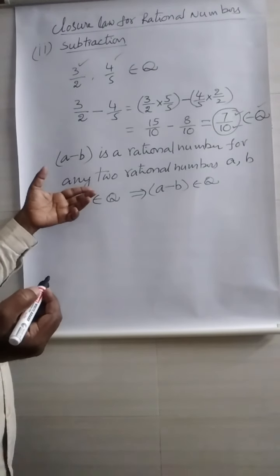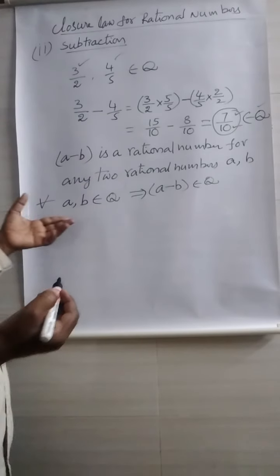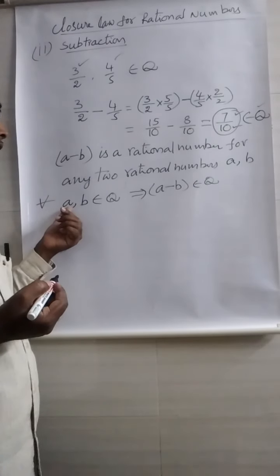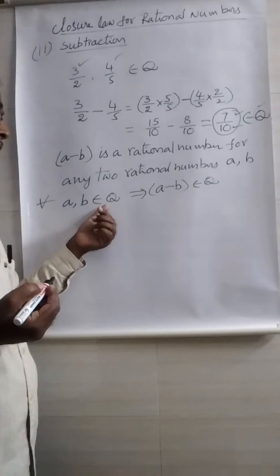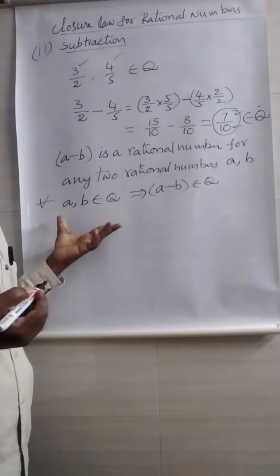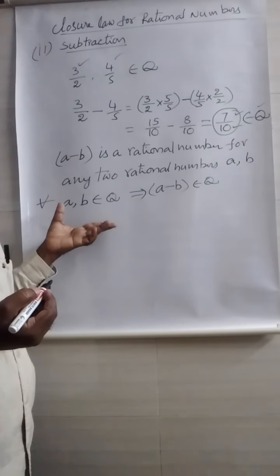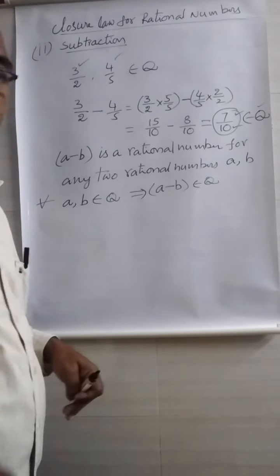That means they satisfy the closure property. For example, a, b belongs to Q, a minus b is also a rational number. Hence, it satisfies the closure property under subtraction. That's enough.